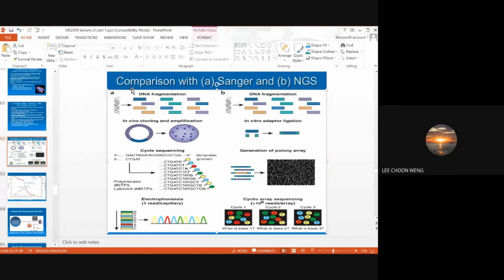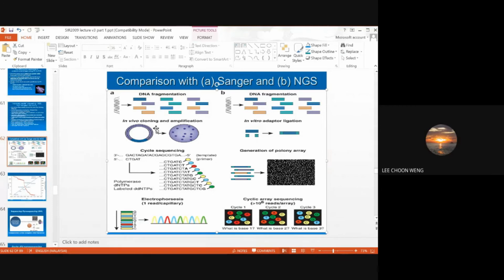Initially it's fragmentation into a suitable length, and then you do ligation and linking using adapters and linkers. You're creating your library. Here the library is connected like this, and then there is generation of a polony array. However, in Sanger sequencing, your library is created via cloning and amplification.